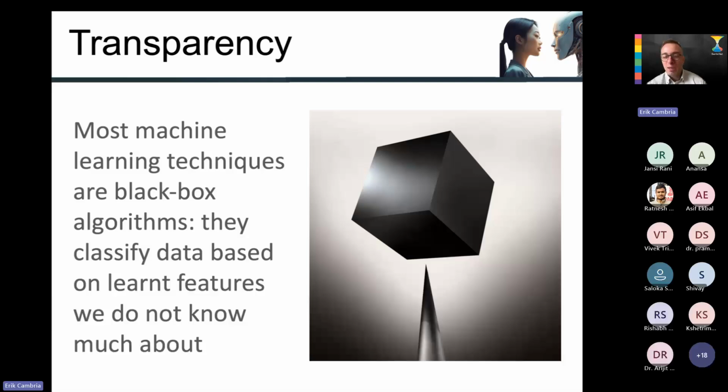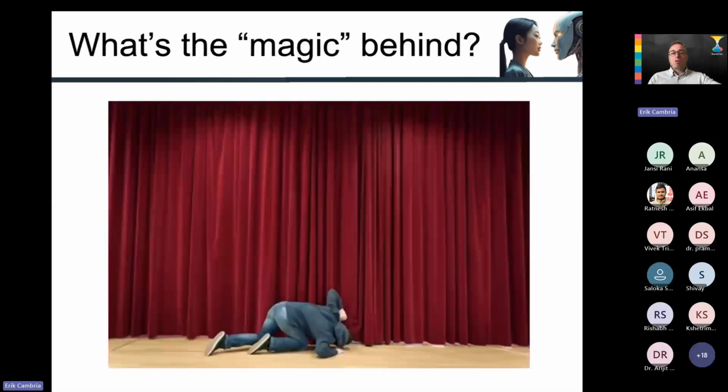Yes, we can look inside at the nodes and see how the weights of the nodes change as I go through the training, but I can't pinpoint a node and say, okay, this node is looking at this specific problem. It's just a distribution of weights, and unless you're working on explainable AI, these are very much black box algorithms, and you don't know how they come up with certain conclusions.